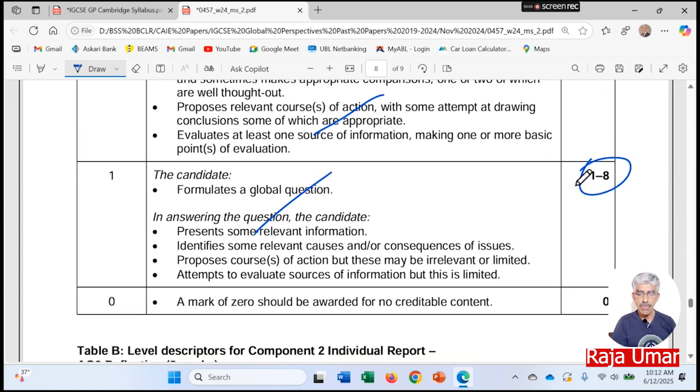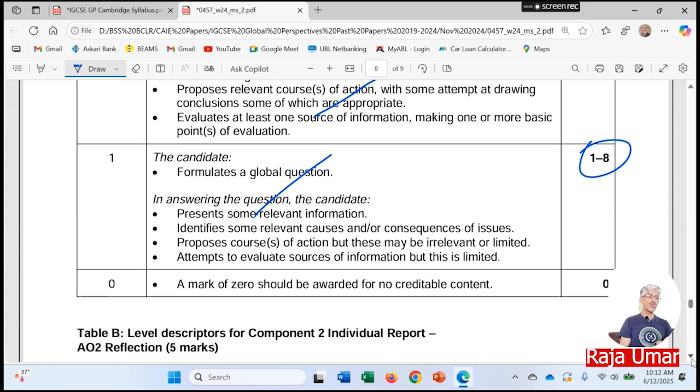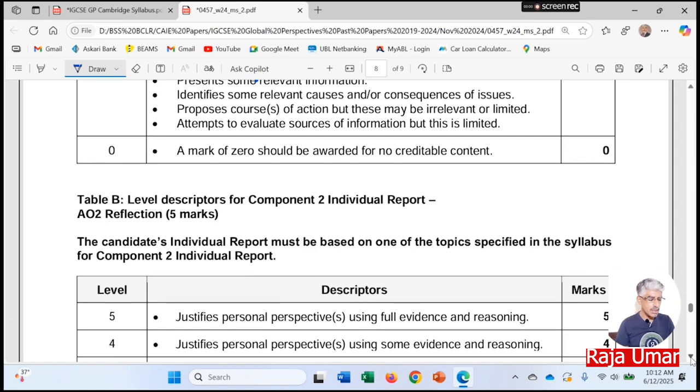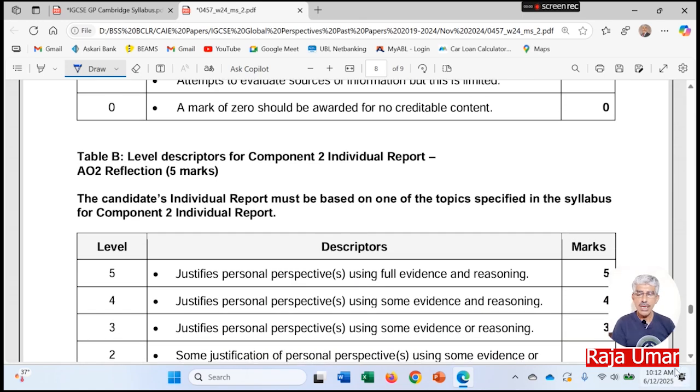Then you are supposed to explain the reflection, that is, what your personal learning was and what you have learned out of your research. Then 5 marks are allocated for it.